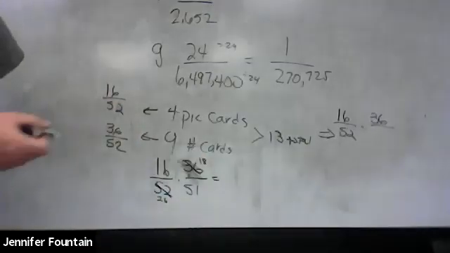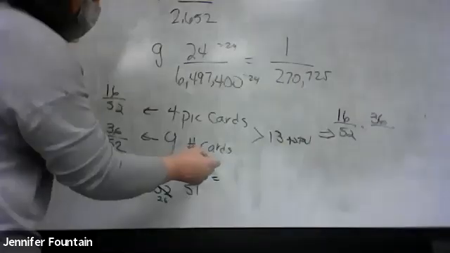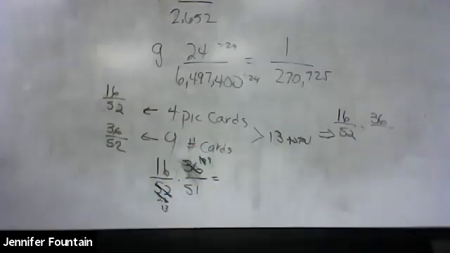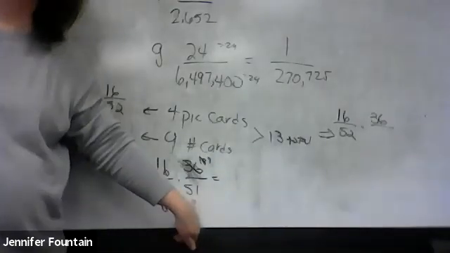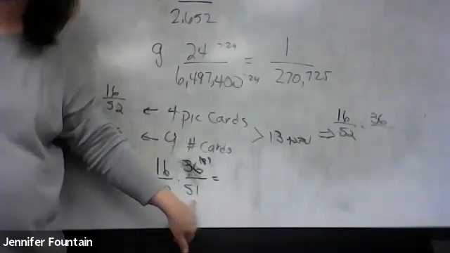With 18 and 26, again they're both divisible by 2, so that would be 9 and 13. Now, 51, how can I test to see if 51 is divisible by 3?